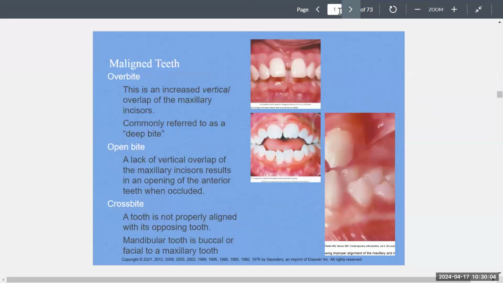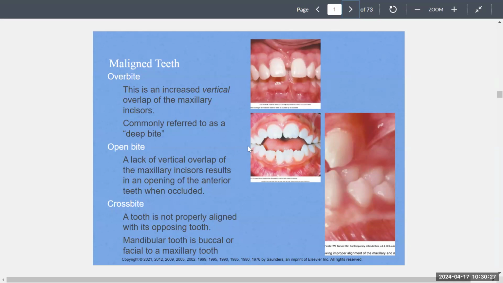But when you look at the front of the teeth, you want to see the vertical overlap, like how much of the distance it is from the mandibular anterior incisal edge to the maxillary incisal edge of the maxillary incisors right here. So this is often called the deep bite.